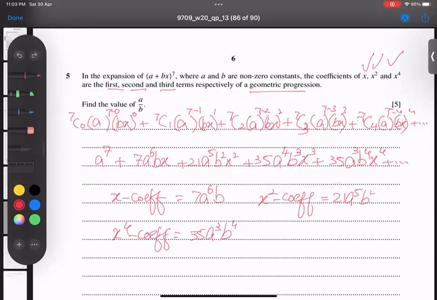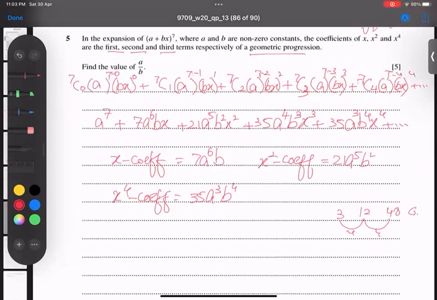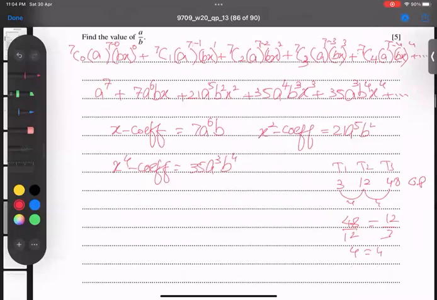For example, 3 into 4 gives you 12, 12 into 4 gives you 48. These three terms are in GP. So what is the criteria? Term 1, term 2, and term 3. If we divide 48 by 12, it is the same answer as 12 by 3. 12 divided by 3, and check, we got a 4, we got a 4. So we got a criteria: the third term divided by the second term equals the second term divided by the first term.